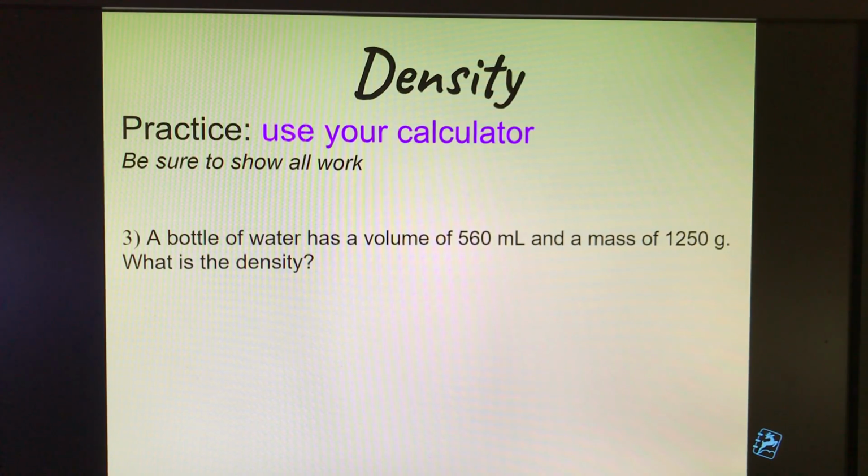If you haven't finished the problem yet, pause this video, and when you're done solving the problem, unpause it, and then you can check your work. So let's move on. A bottle of water has a volume of 560 milliliters and a mass of 1,250 grams. What is the density?